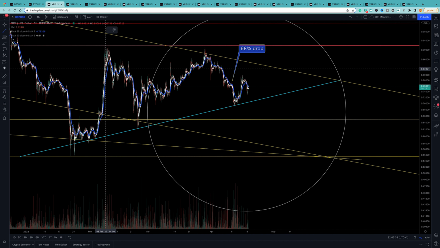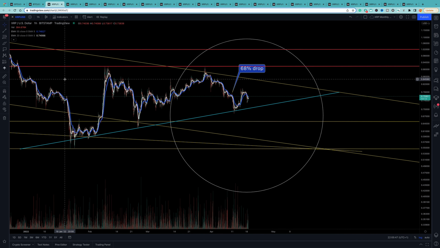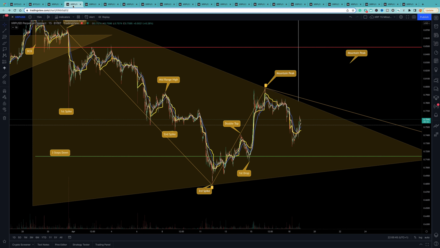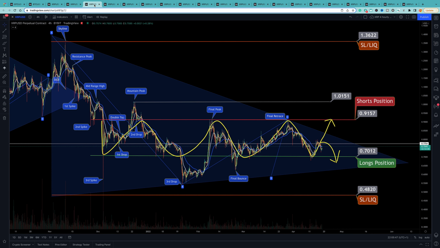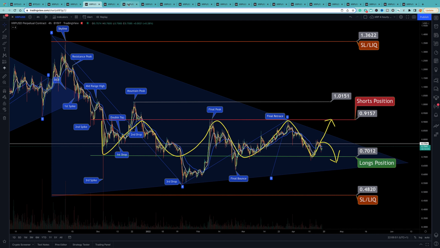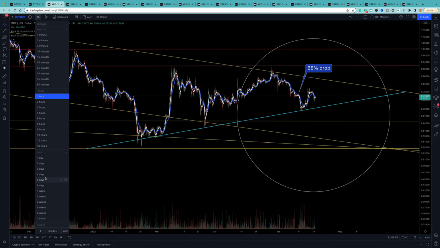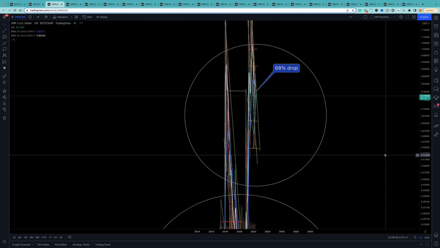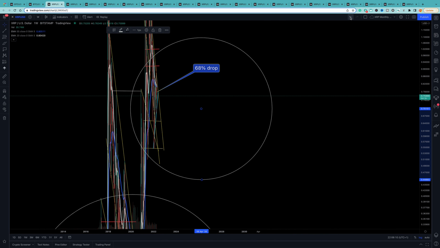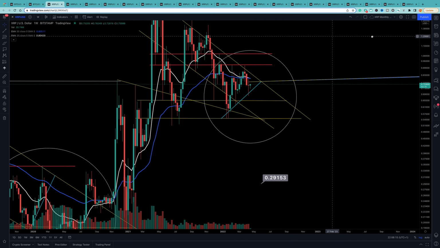I think here it is, 90 and 92. Where is it? Ah, sorry guys, I was on the right chart but on the wrong timeline.